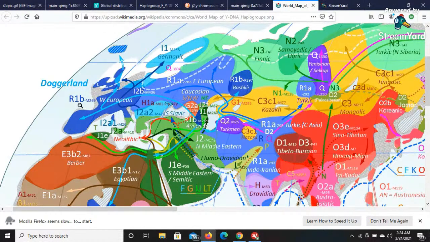Attila the Hun and people invaded and everything. But otherwise, we have the I2 and the I1. It's called Germanic, but it's really not Germanic, it's Semitic. The same because it branches off from the J2 and the J1, which is Semitic.